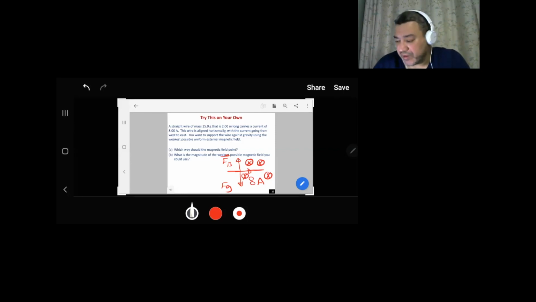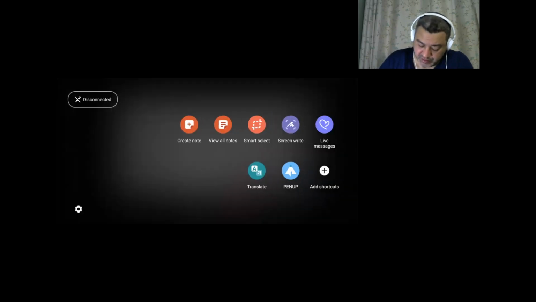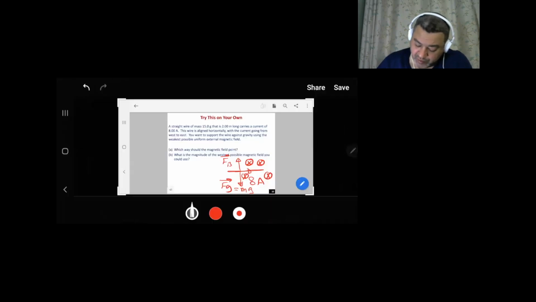So this is how the magnetic field should be pointing. And then you need to calculate FG equals mg, where g is the gravity and m is the mass that we have here.